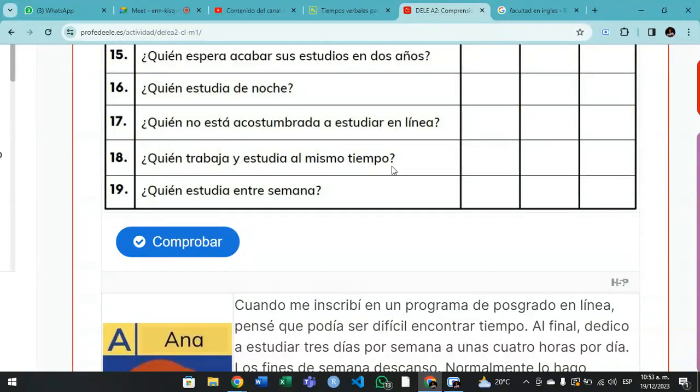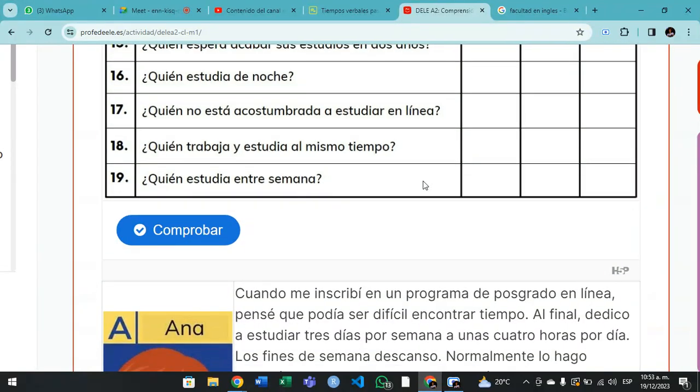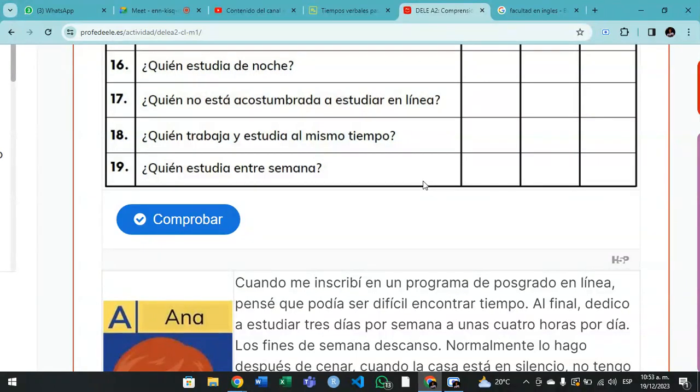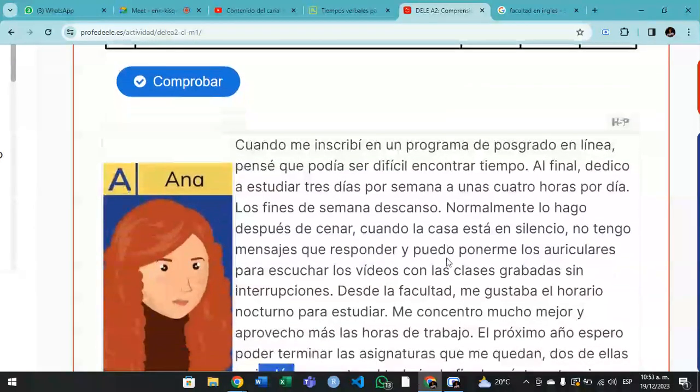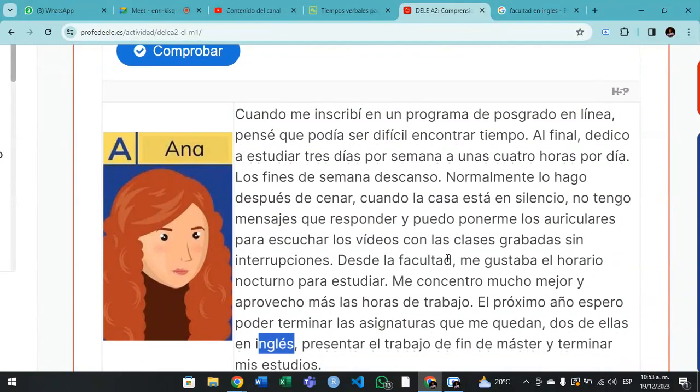Now, ¿quién no está acostumbrada a estudiar en línea? So we want to know if she is used to studying online or not. But the answer is going to be yes if she is not used to studying online.